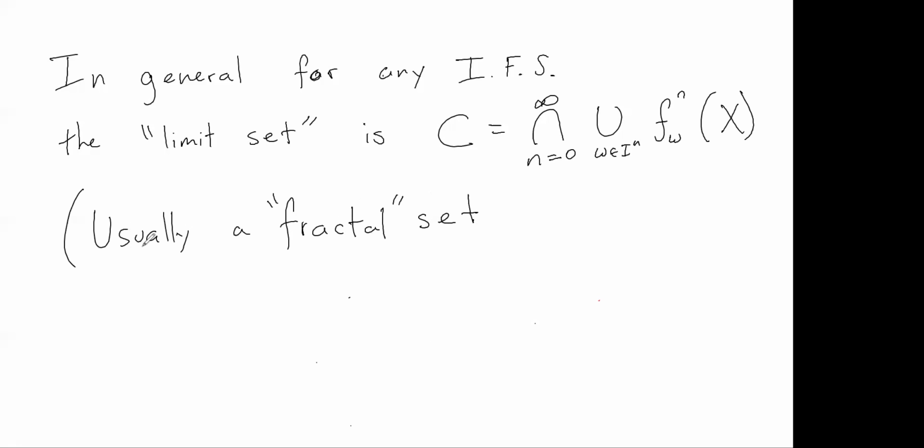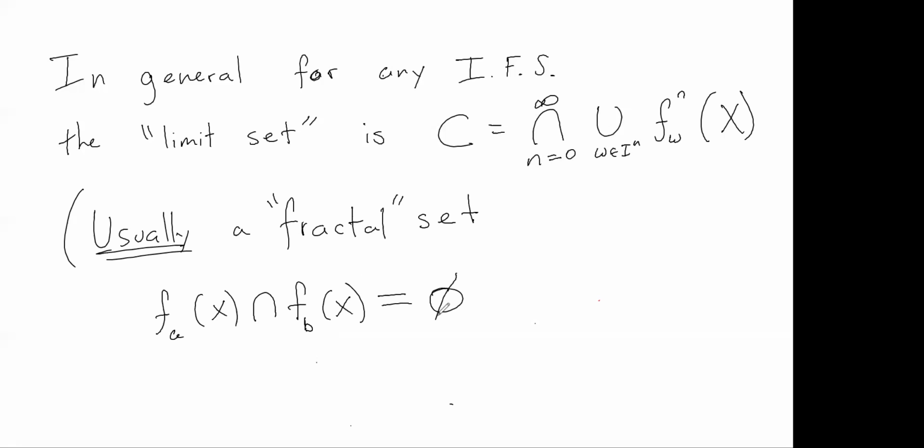And why usually? I need some extra conditions to make it a fractal set. I need the closure of Fa of x intersection Fb of x to be empty.